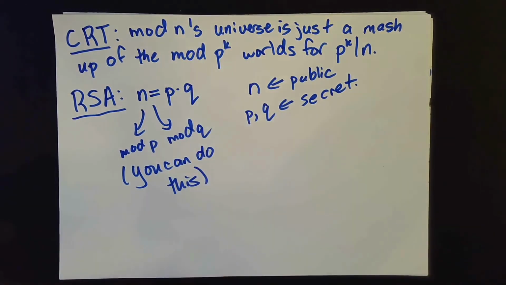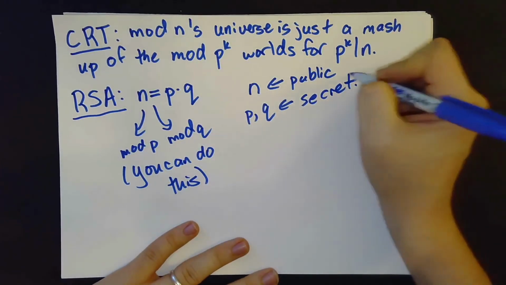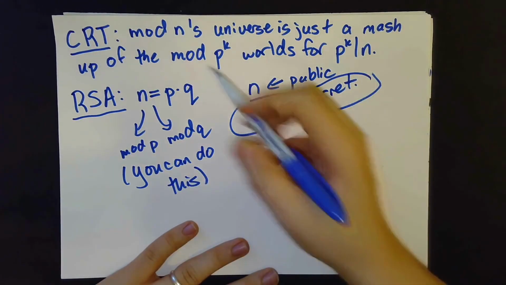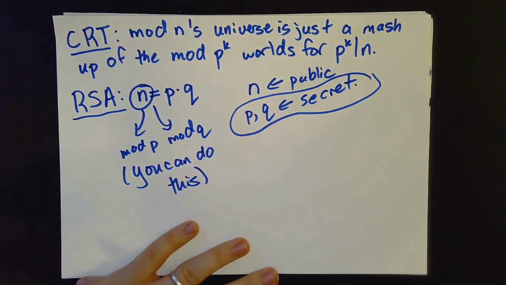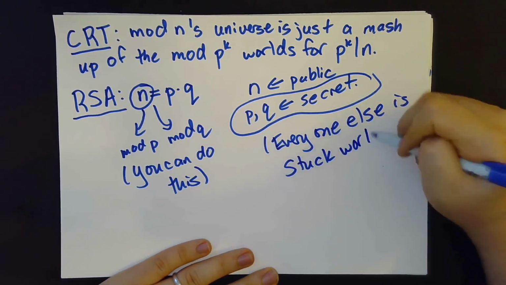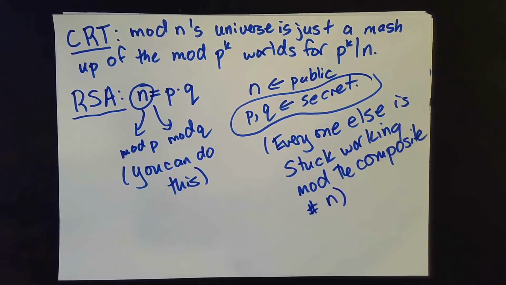And remember, one of our biggest themes from this whole section has been that working mod primes is way better than working mod anything else. But because these primes are secret, no one else can work mod the primes. They're stuck working modulo n. So they're stuck doing all of their calculations mod a composite number, which remember was the ugliest possible option.